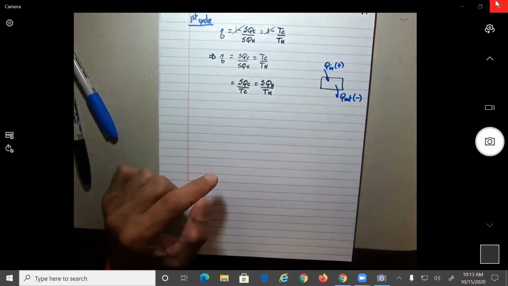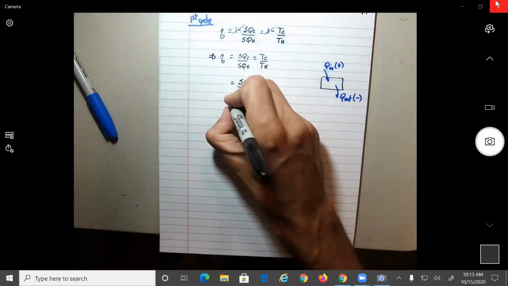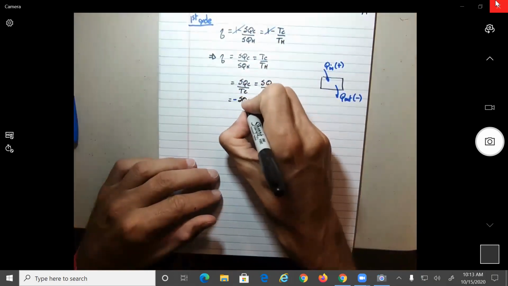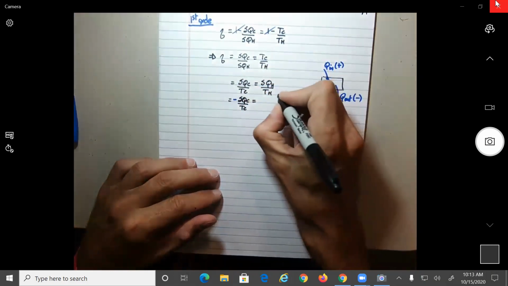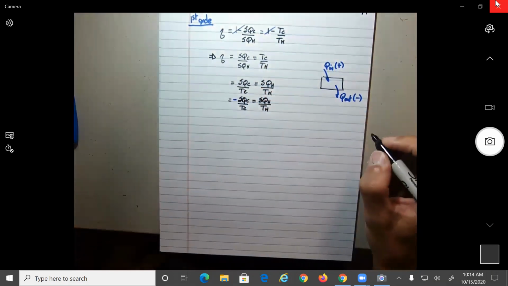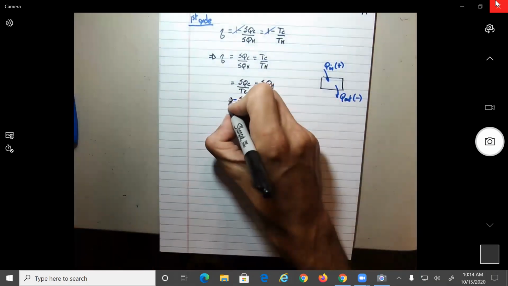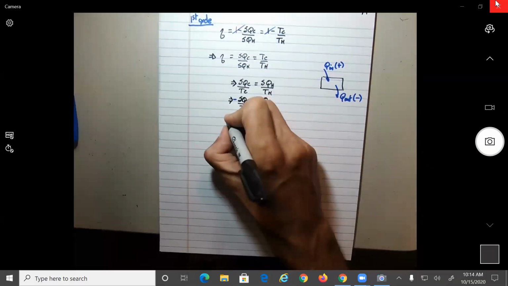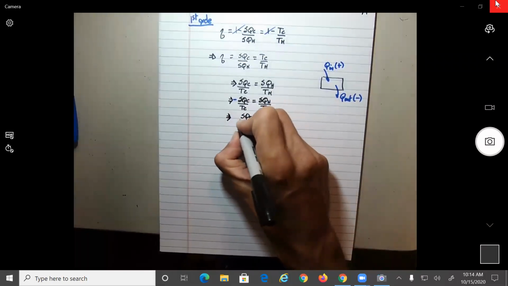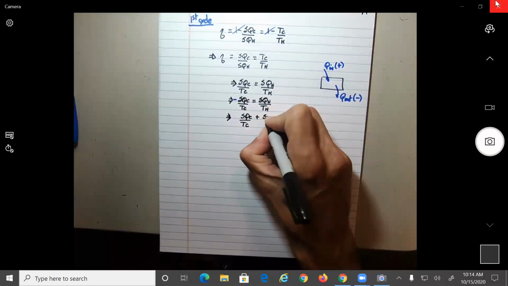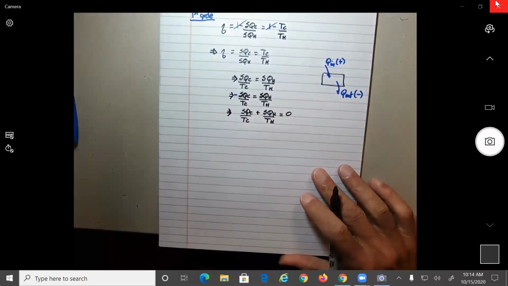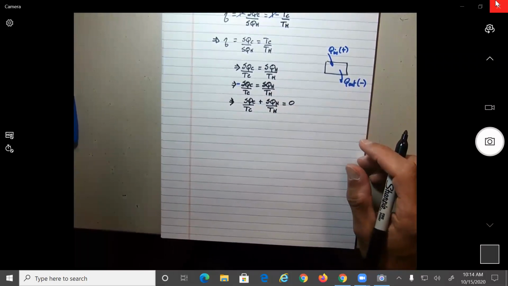Using the sign convention, we can say that negative delta Q sub C over T C equals delta Q sub H over T H, which means delta Q sub C over T sub C plus delta Q sub H over T H is equal to 0.